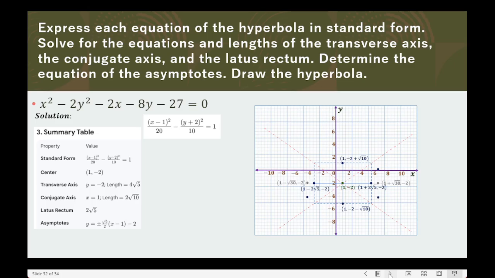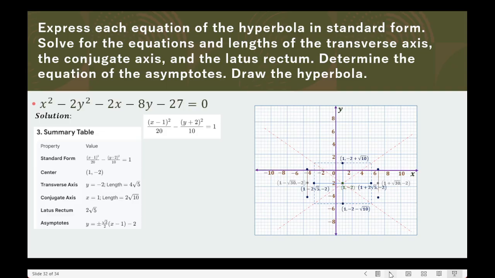Now, to obtain a more accurate graph, we need to consider plotting the endpoints of the latus rectum. Although in this problem it is not required to determine those endpoints, if we are after a more accurate graph, we need to consider also the endpoints of the latus rectum.